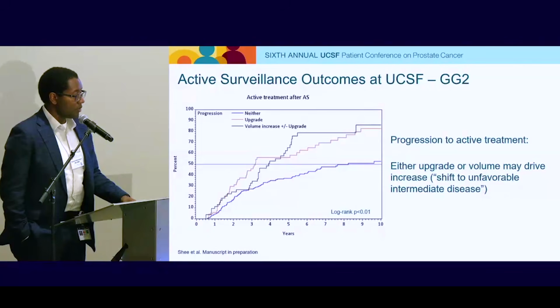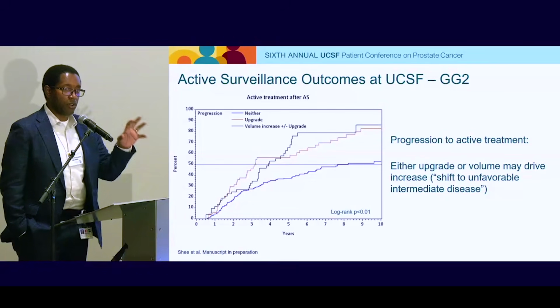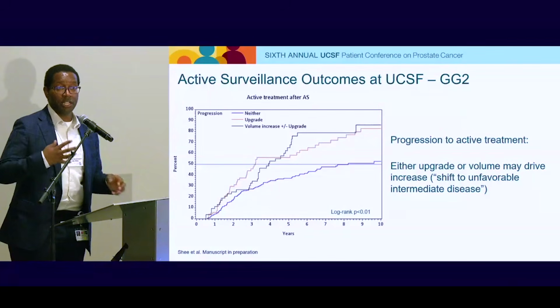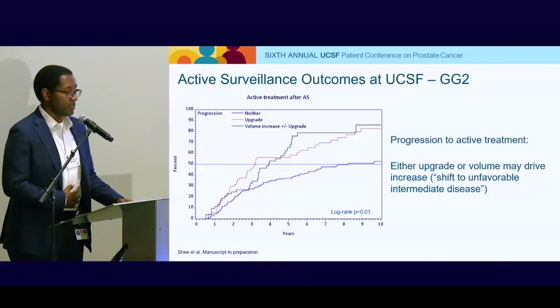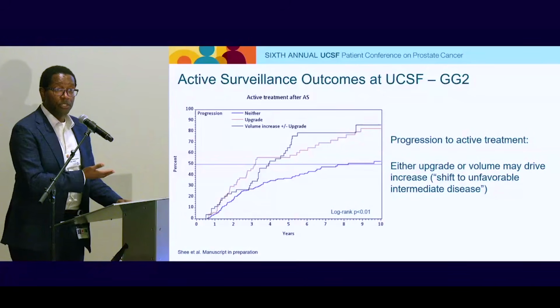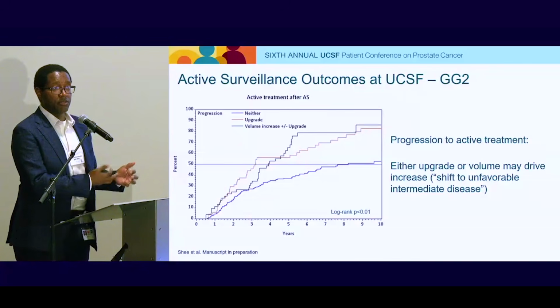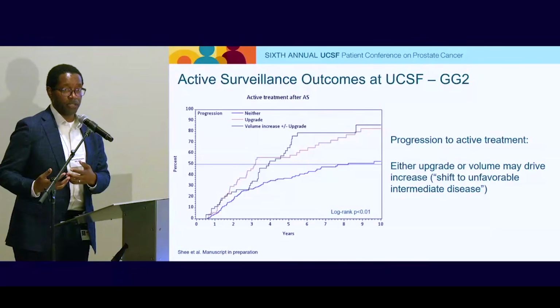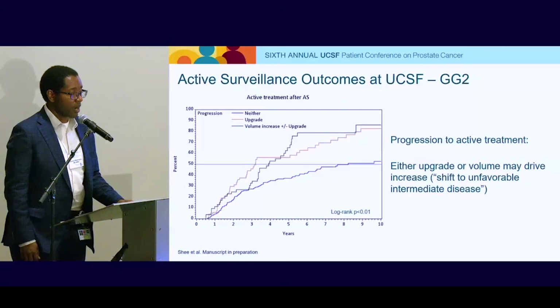What we see over time is, in this case, either volume changes or Gleason grade changes. So the biopsy findings themselves can potentially drive that shift again from that favorable intermediate disease eligible for active surveillance to now unfavorable intermediate risk disease or disease that may require definitive treatment.